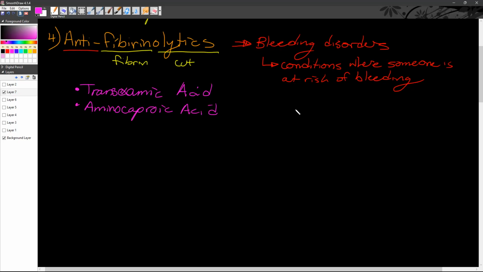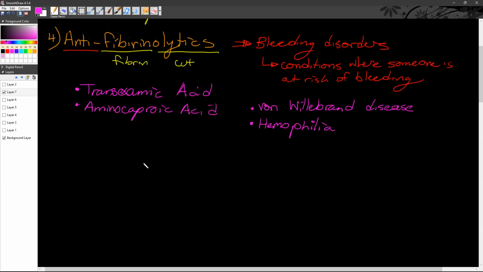We use it in bleeding disorders, things like von Willebrand disease. I think it's used in hemophilia. These are conditions where people are having microbleeds across the body. And so, in order to inhibit those microbleeds, we're using tranexamic acid or aminocaproic acid.